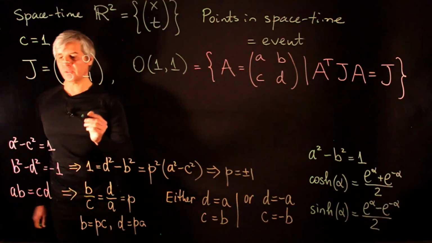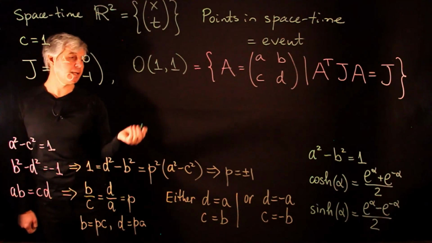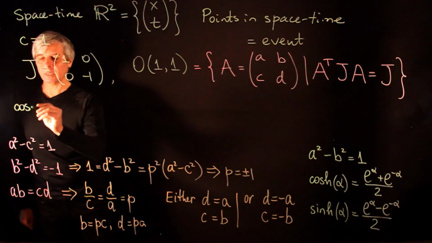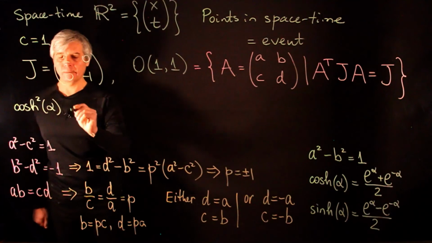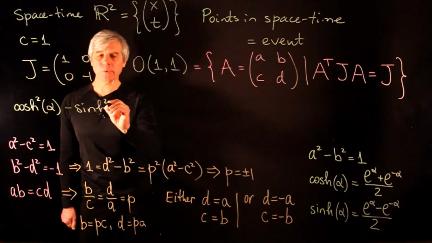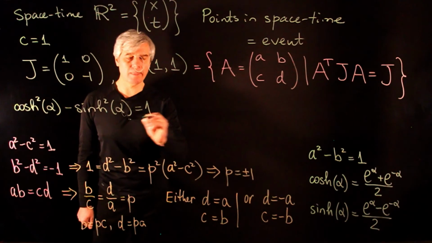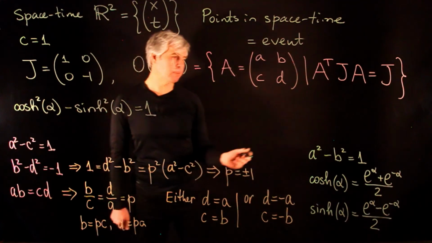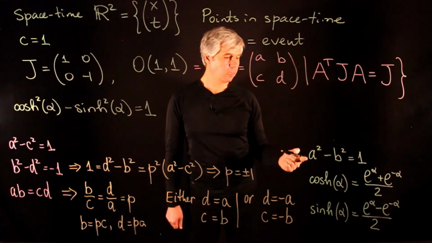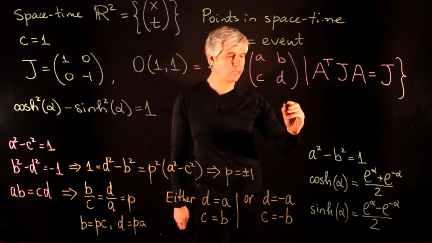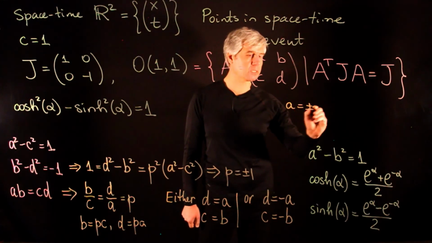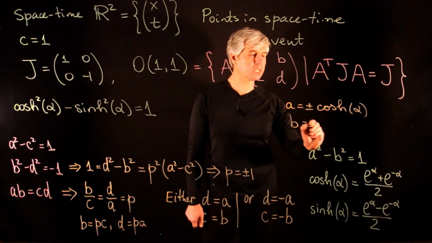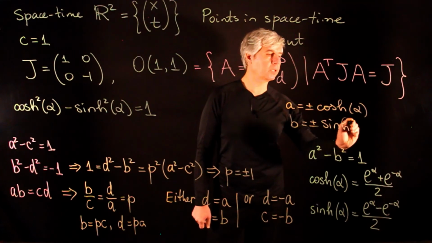It is straightforward to verify the most fundamental identity for the hyperbolic trigonometric functions, that cosh squared of alpha minus sinh squared of alpha is equal to 1. These functions are called hyperbolic because this will give us a parameterization of a hyperbola. And the solution of this equation will be A is equal to plus minus cosh alpha, and B is equal to plus minus sinh alpha.